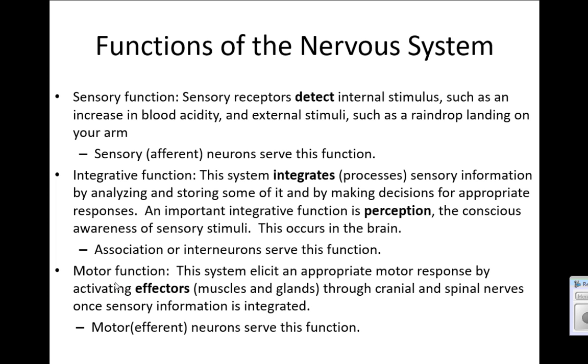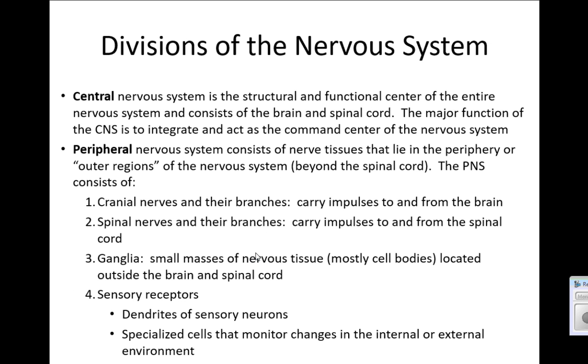And the motor function means that we're going to activate or inhibit, in some cases, effectors, which will be muscles and glands, skeletal muscle, cardiac muscle, smooth muscle. Glands could be internal, like endocrine glands, or external, like sweat glands. And this is controlled by way of the cranial and spinal nerves, sending the signals outward from the brain and spinal cord. Okay? So, like I said, this is basically just a revamp of what we talked about with feedback.